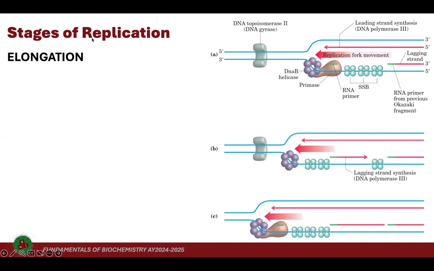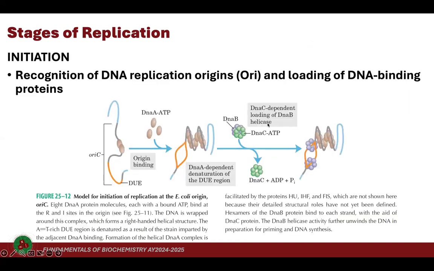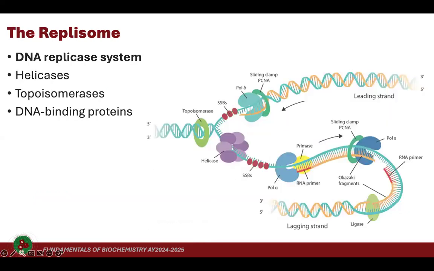So once you have the replication bubble formed, actually, there is sort of an overlap with initiation and elongation. Okay, in initiation, this is where the rest of the replisome or the replicase system assembles.